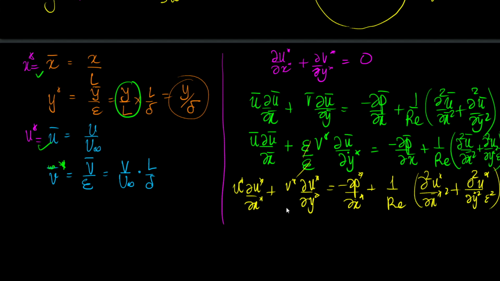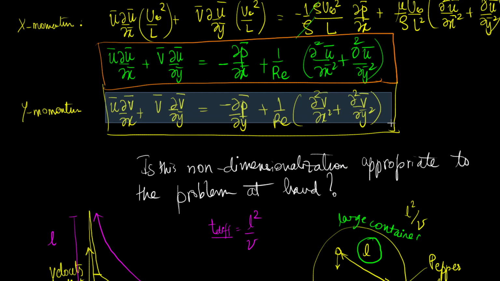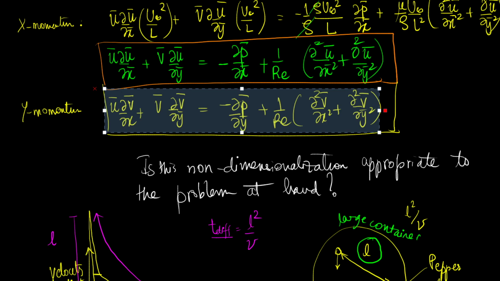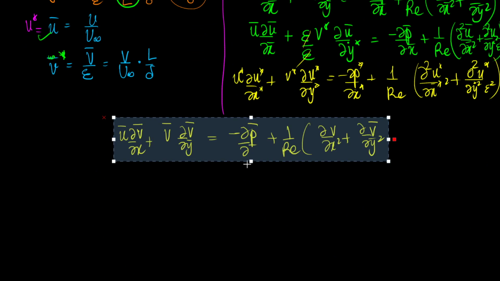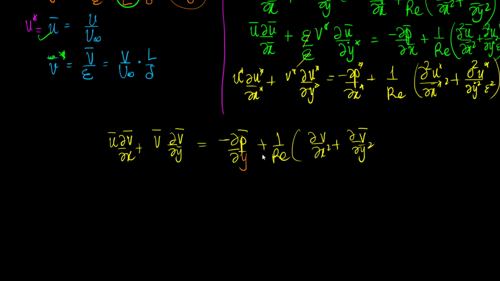Now the y momentum equation, that is the most important part. Let me copy it. So this v star, if you want to convert, this will become del v star del x bar. So v will be epsilon v star.